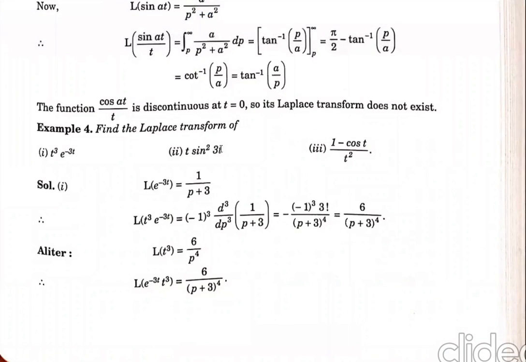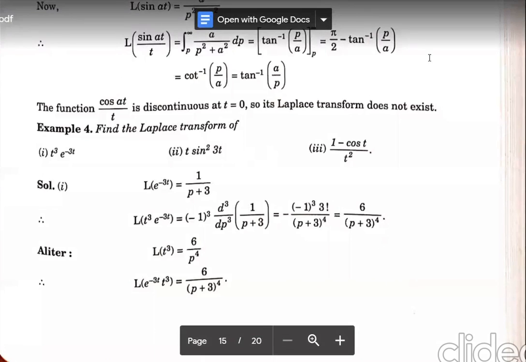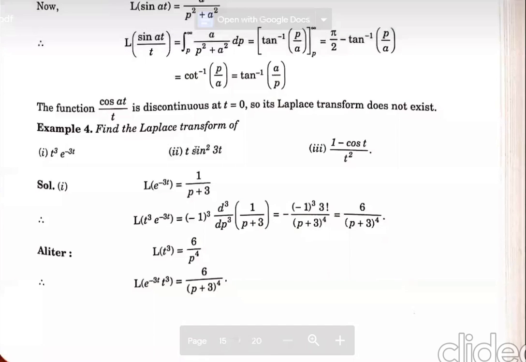It is t into sine square 3t. Consider this one as f of t, but directly you can't find the Laplace transform of sine square 3t, because it is sine square. So first, for t into sine square 3t, you need to find the Laplace transform of sine square 3t.